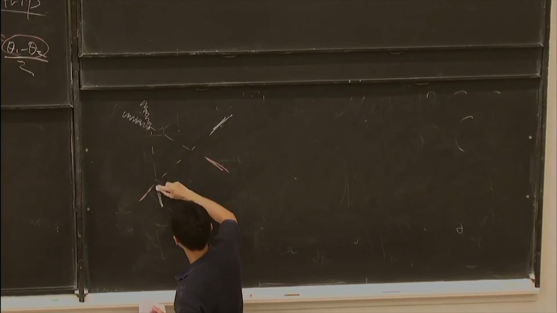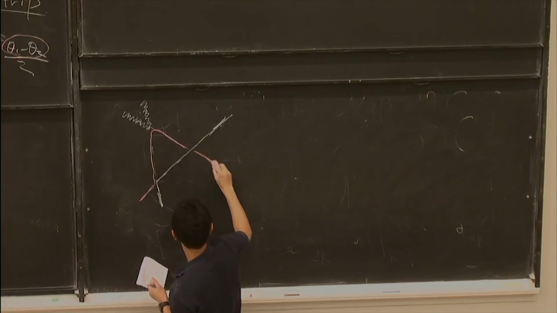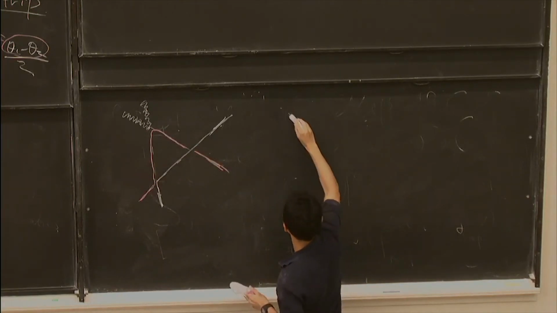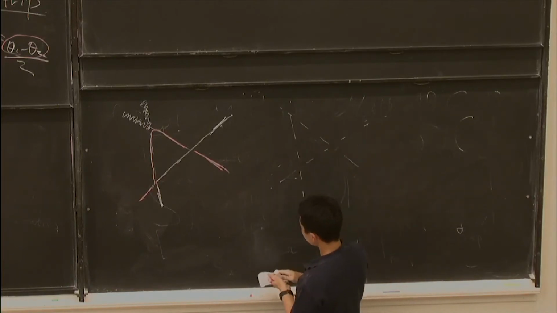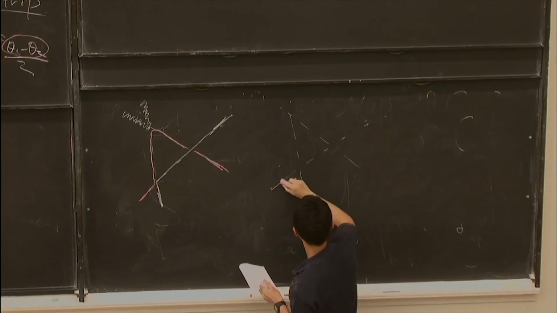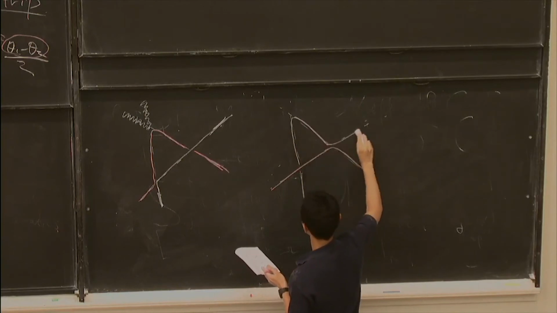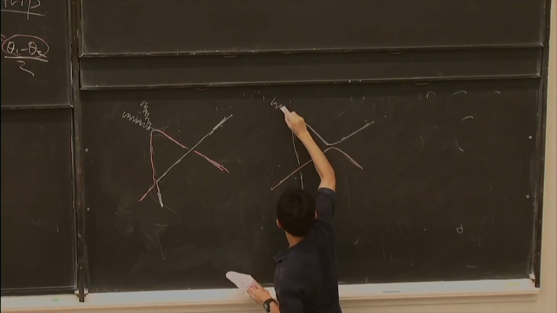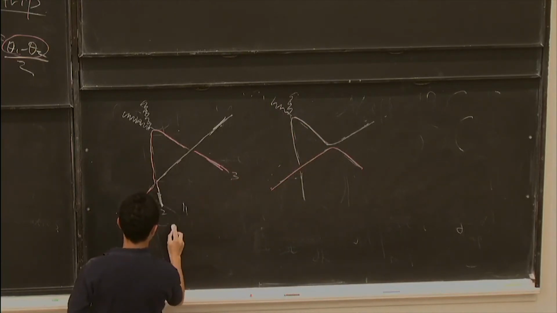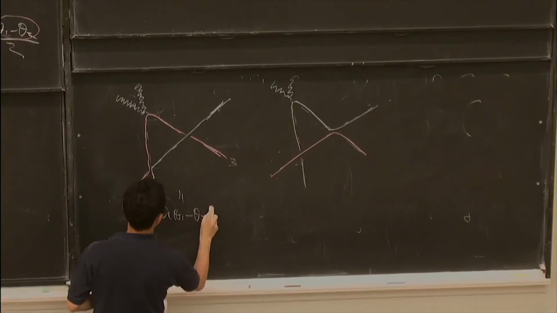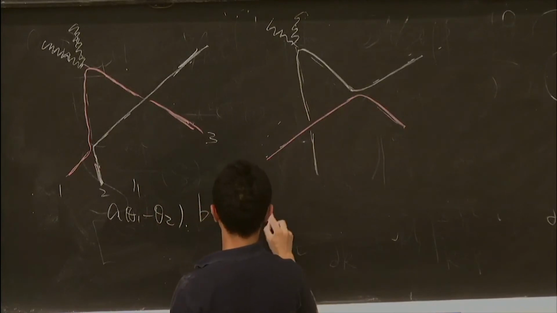One possibility is to connect in this way. But there is yet another possibility, which is to connect the particle in this way. And this gives you A of theta 1 minus theta 2 and B of theta 2 minus theta 3.